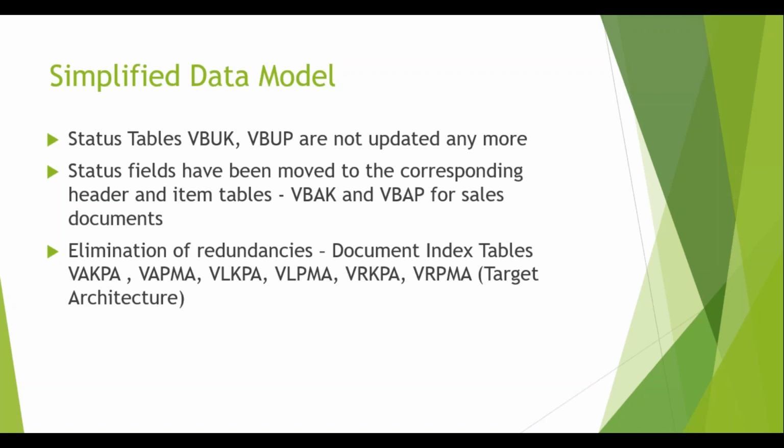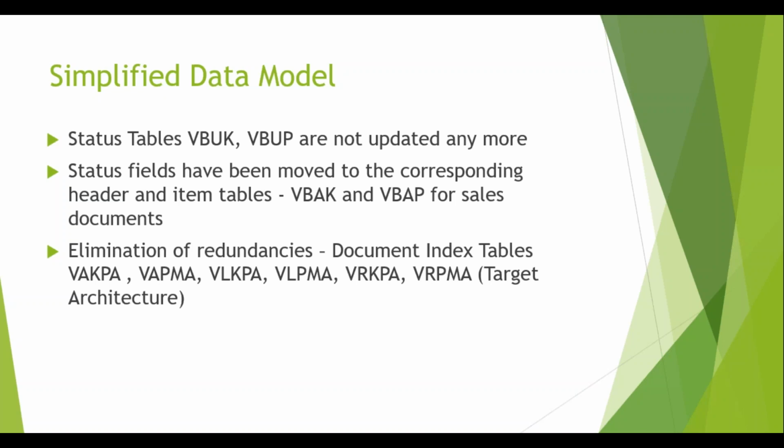Why is the status field not directly available in these tables? That is something which SAP has changed now. When we already have a sales order table holding information related to the sales order, why is it not holding the status information also? Now with SAP S4HANA, these 2 tables are no more required.